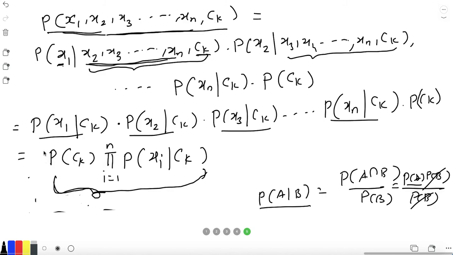So ultimately our problem boiled down to this. We are solving this for each class, and for whichever Ck this value is maximum, this data point x will belong to that Ck. So that is the naive Bayes classifier. Let me summarize quickly what we did.